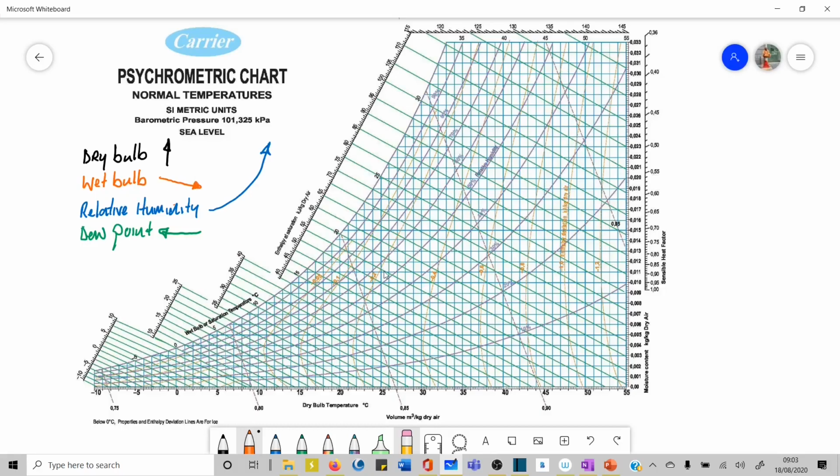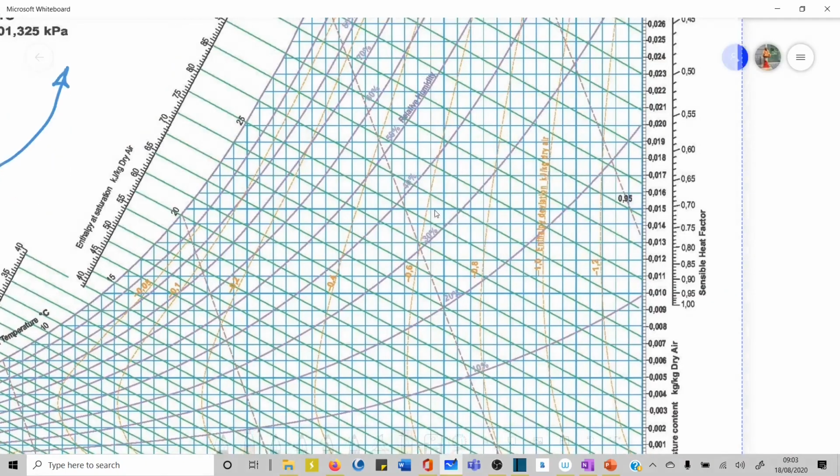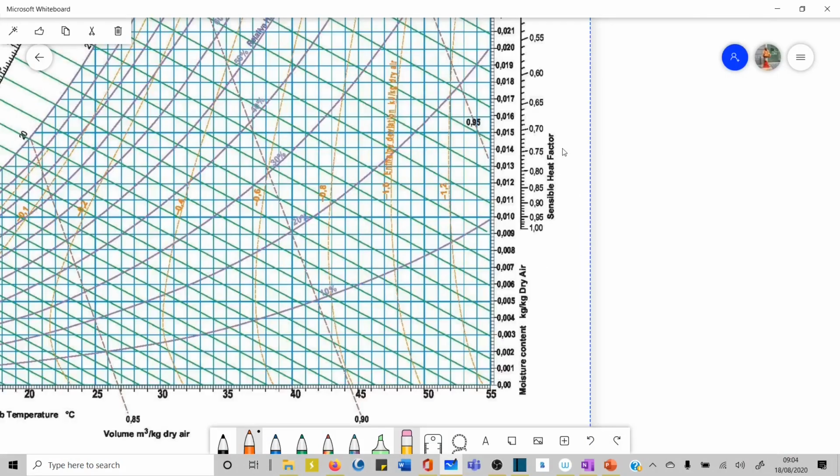The psychrometric chart has a lot of information, and a lot of this is very valuable to building services, where you've got enthalpy at saturation, in kilojoules per kilogram of dry air. And then on the right here, we've got sensible heat factor.